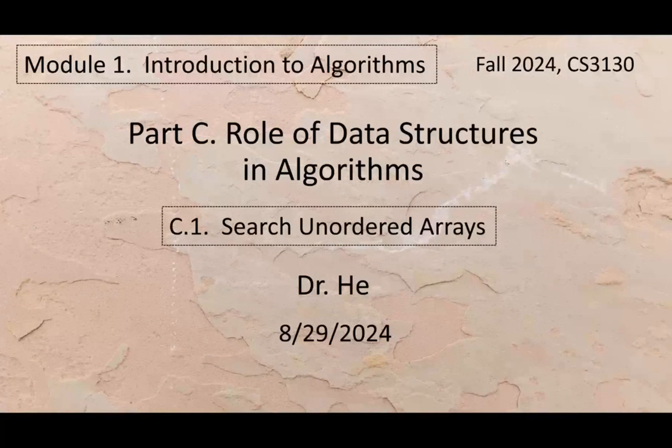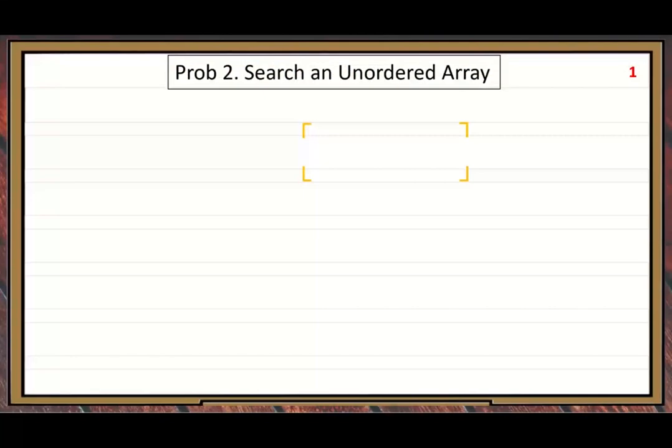All right. C.2, search unordered arrays. This is a simple question, but we can learn a lot of things from our second computing problem. Problem number 2, search unordered array. First, let me give you the problem description. Given an unordered array, and we use notation capital A, array with indices from 0 through n-1.